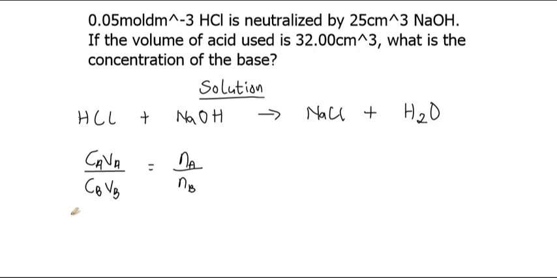So let's start with the acid. Concentration of the acid, the Ca. From the question given, we have Ca to be 0.05 mole per dm cube.